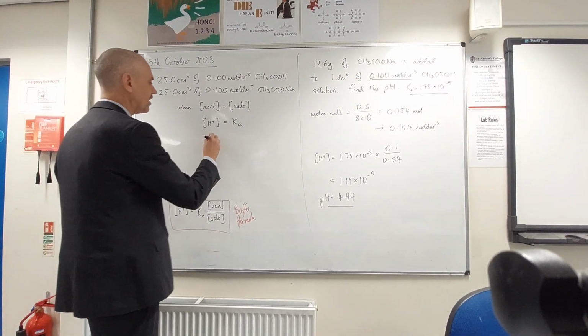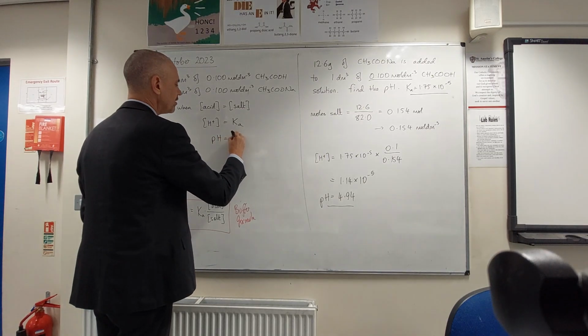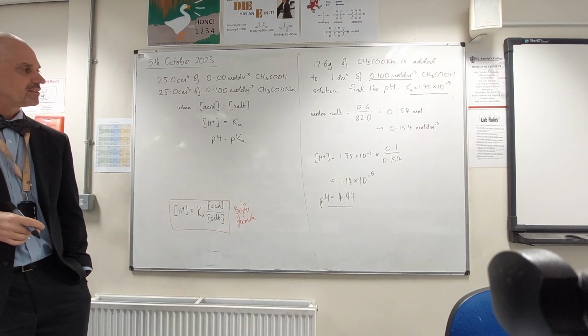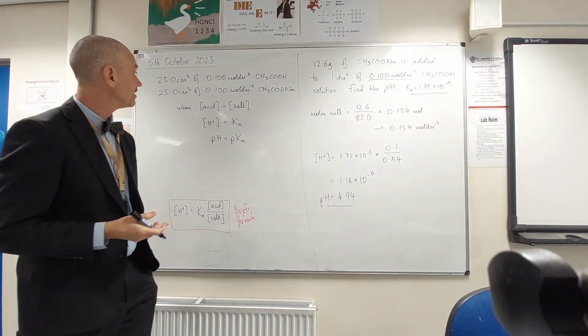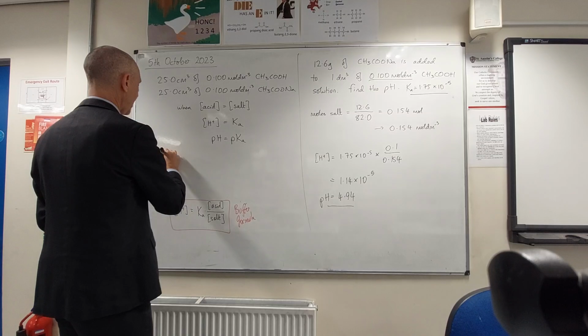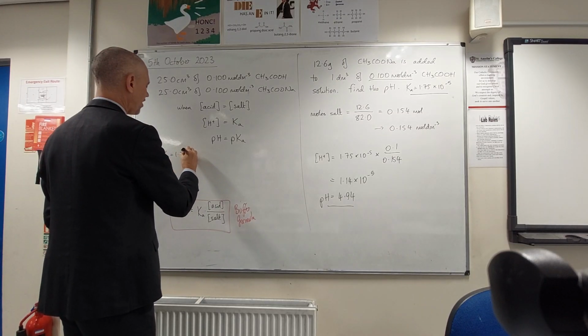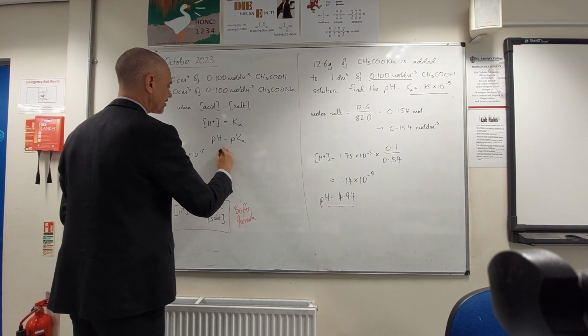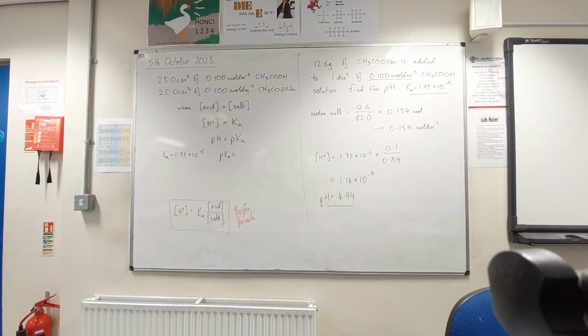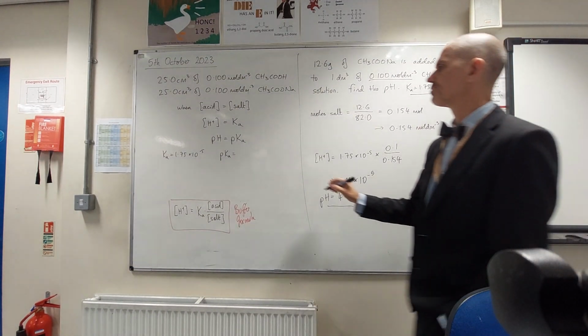And this has a special use, which we'll come to later. The pH will become the same as the pKa. So Ka was 1.75 times 10 to the minus 5, so pKa is just 4.76, isn't it? Seem to remember.